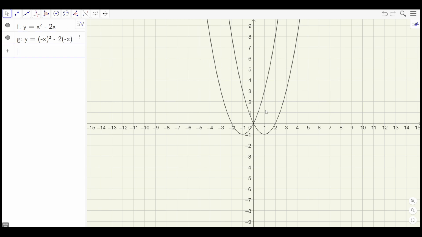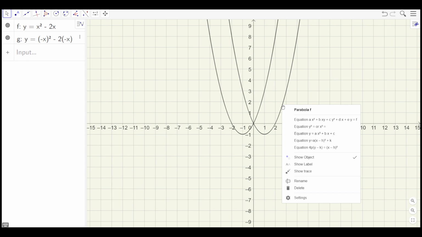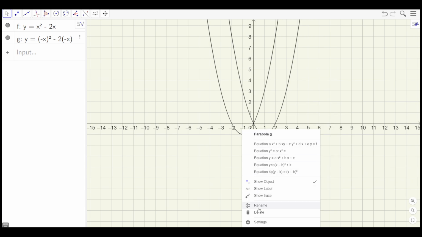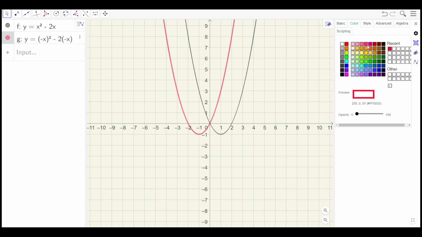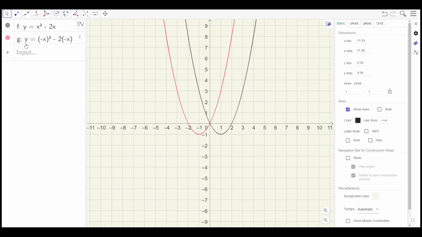I don't know why GeoGebra doesn't change the color, so let me change the color myself, to say, red. Now you see G is the red one, F is the black one. Can you feel that the red one is the mirror image of the black one with respect to the y-axis? Yes?